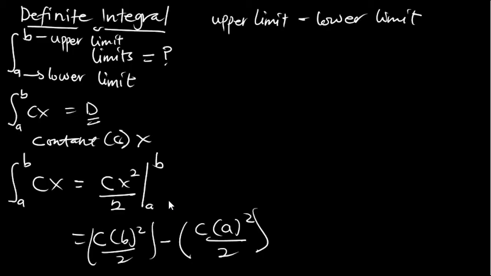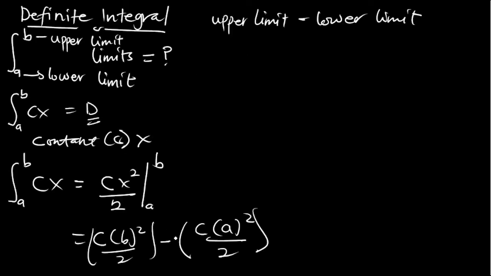Now let's take some examples and evaluate them and see how best we can do it. Are we okay? So now we know how to evaluate the integral sign. So I can take an example. So first, let's find the integral from 1 to 3 of x squared dx.